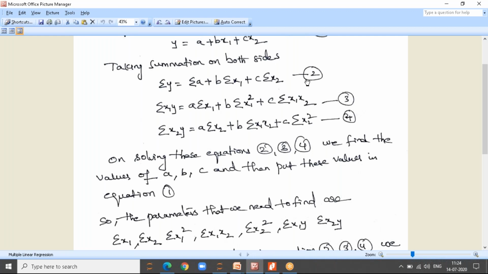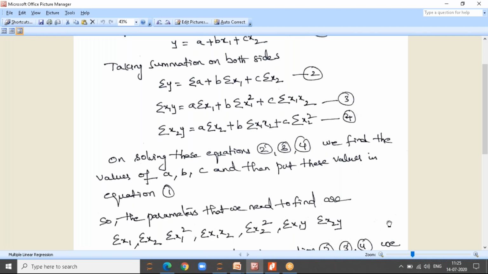So how can I solve? In order to solve this, I need to find the leftover parameters. What are the leftover parameters I need to find? In order to find a, b, c, I need sigma x1, sigma x2, sigma x1y, sigma x2y, sigma x1 square, sigma x1x2, and sigma x2 square.